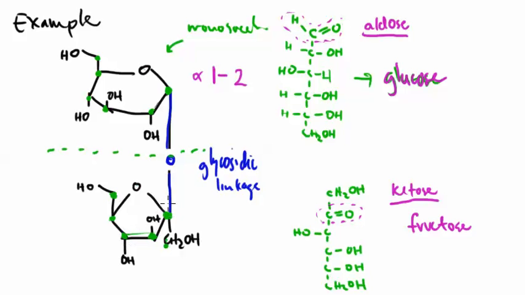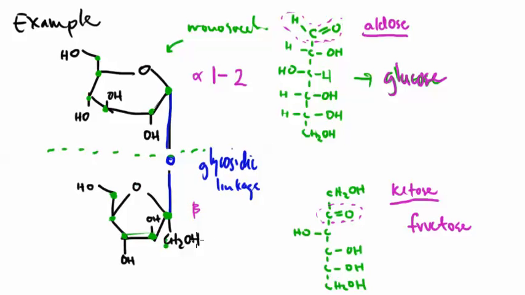So how do I represent this in an actual name? Well, what we do is that we tell you basically that the bond does happen between the 1 and 2 sugar. So it's not uncommon to see something that looks like this in the nomenclature. So it's a 1,2.